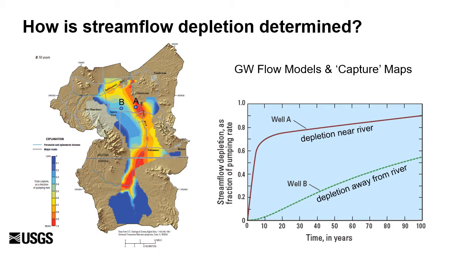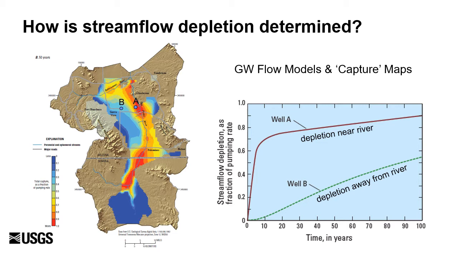What you get from a groundwater flow model for any given location is really these capture curves, or this relationship between the pumping at that location and the capture of stream flow or springs of interest. And generally you get these nice smooth curves because constant flows are being used to run the models. You can see that the character of stream capture varies with distance from the river based on the properties of the system.